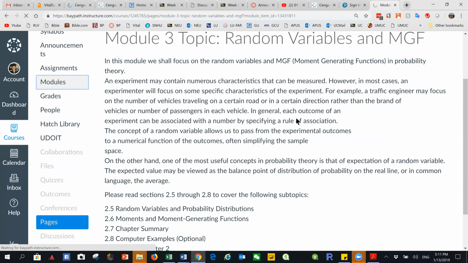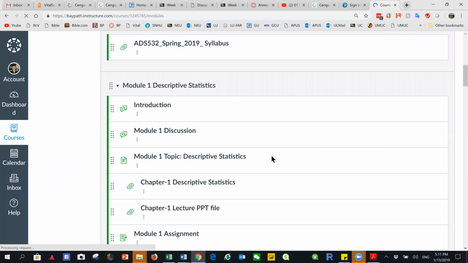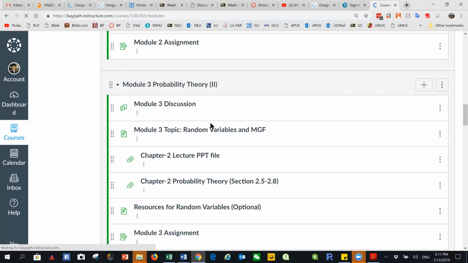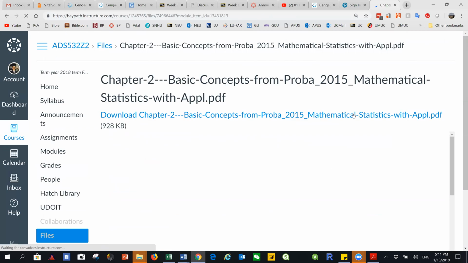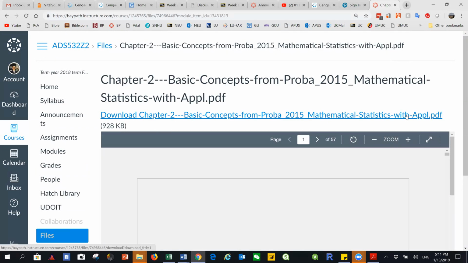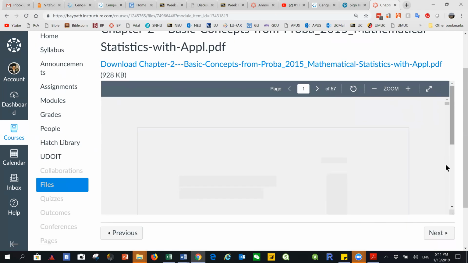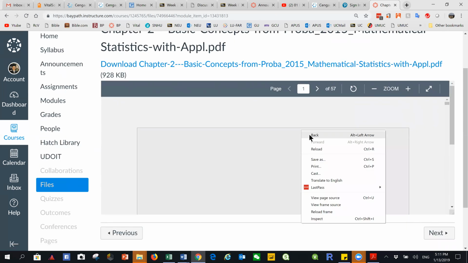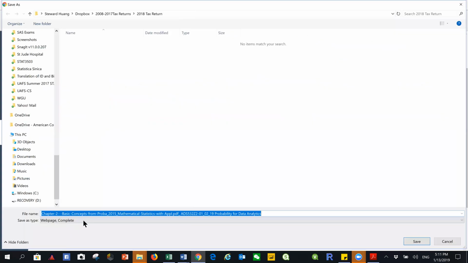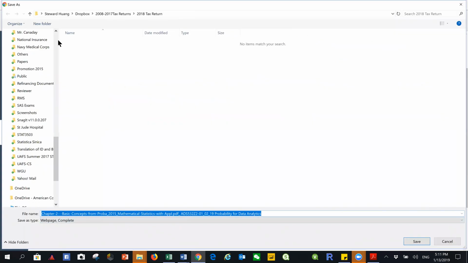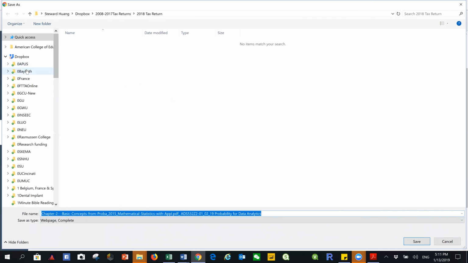Now, let's go over to the course materials. Click on the chapter 2 probability theory. You will have the course material here. Let me see if I can. One second.